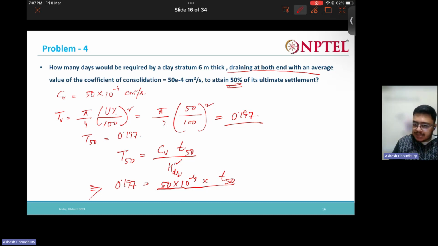So 3 meters, which means 300 centimeters, so 300 squared. From here you will get T in seconds. Convert the seconds value to days and please tell me how many days.